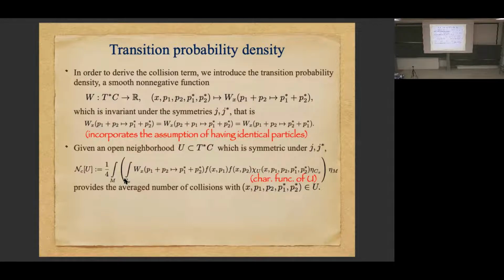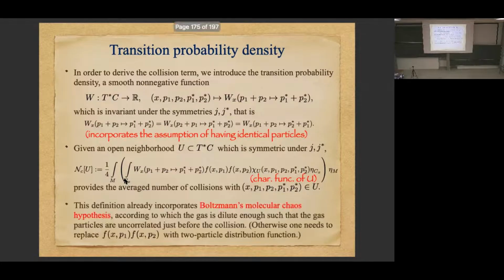So the interpretation is, when you integrate over the collision manifold M, and U actually, so here I put the characteristic function of U. Okay, so this integral here gives you the average number of collisions that have x, p1, p2, p1 star, p2 star, and U. So that measures the number of collisions that have these properties. Now here I put the distribution function. So really this should be the two-particle distribution function that you put here.